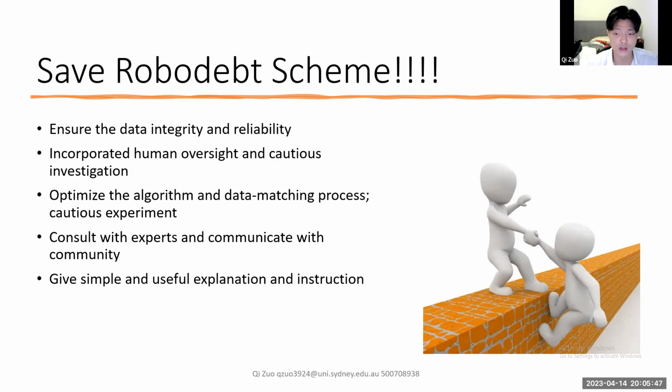We also need to communicate with the community, get feedback from them and seek help. And last but not least, when we implement the scheme, we need to give simple, easy-to-understand explanations and instructions for people who are using it and getting benefits from it, rather than just letting people try to understand the system without instruction.